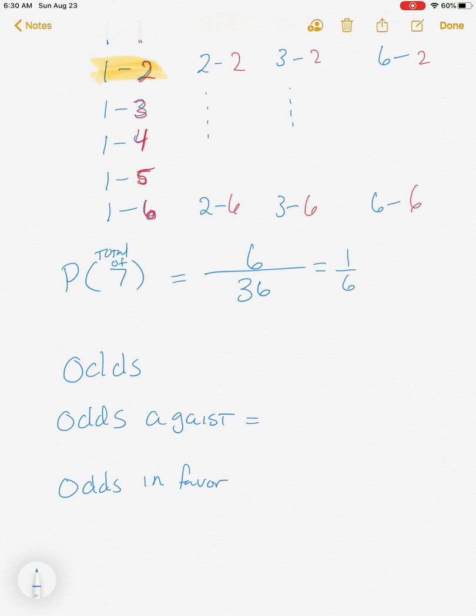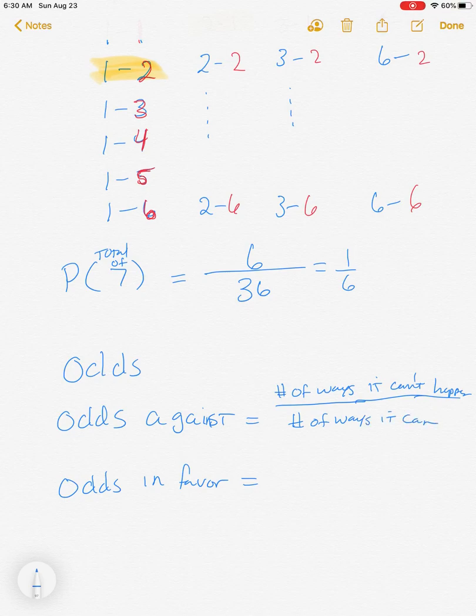So odds against is simply, I'm going to try to state it in the most simple form. And it may be different than the book, but I like that because it may be giving you a different approach. Odds against is, remember the word against. So it is the number of ways it can't happen over the number of ways it can.